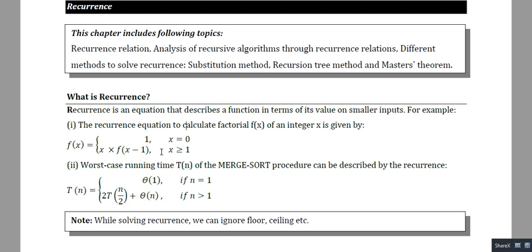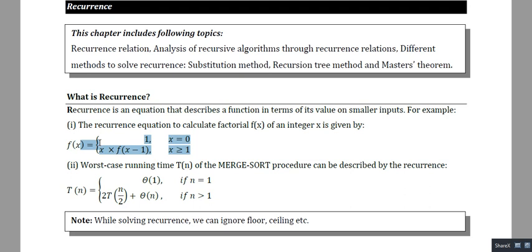And 1 into 2 into 3 up to n minus 1 is n minus 1 factorial, into n. So if f(n) is a function which determines the factorial of any integer n, then we can write f(n) is equal to n into f(n minus 1), or n factorial is equal to n into (n minus 1) factorial.